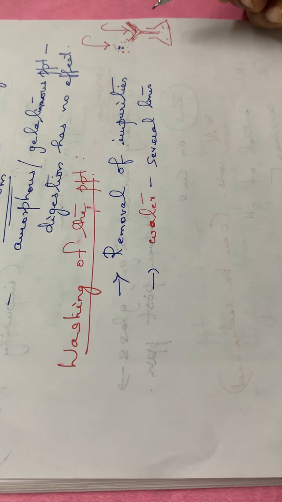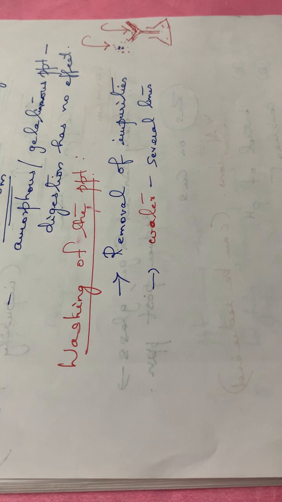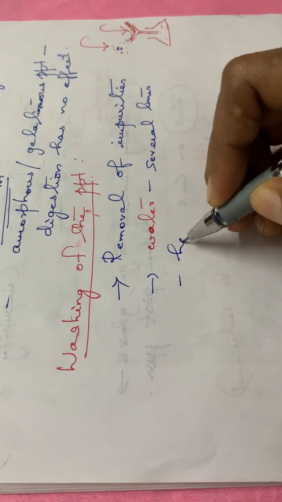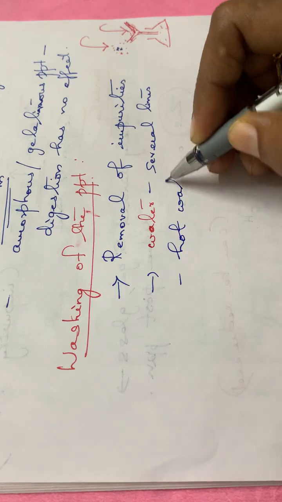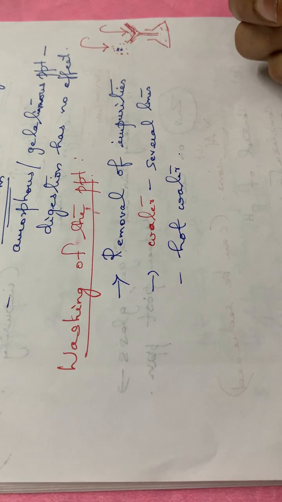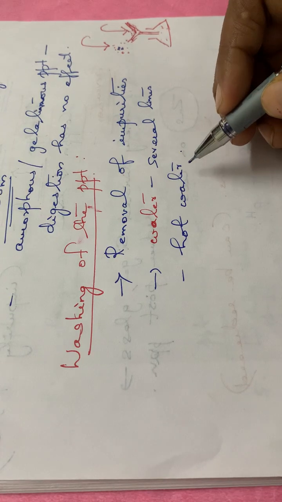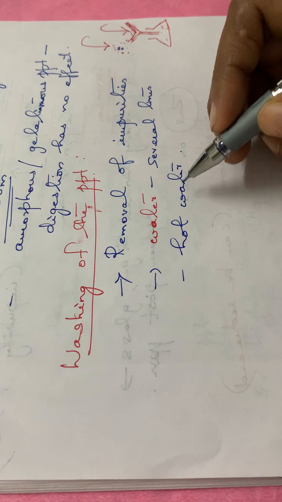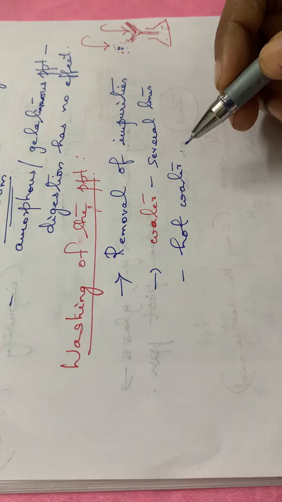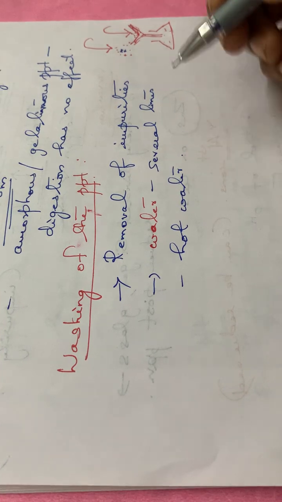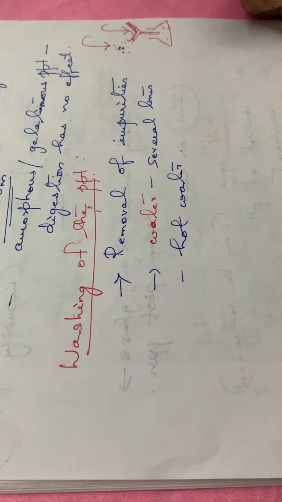Sometimes hot solutions, hot water, may be used for washing. If the precipitate is insoluble, we will be using hot water for easy removal and also for easy filtering.